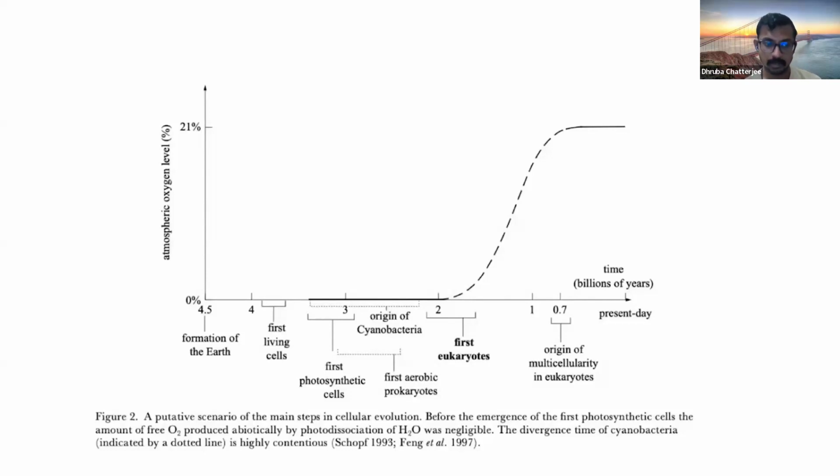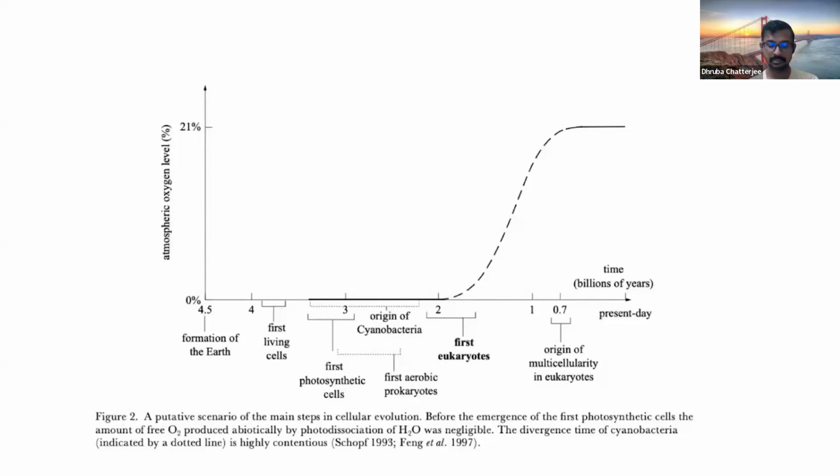So how did the rise of the first photosynthetic cells pave the way for the rise of the eukaryotic cells? Because of the rise of photosynthetic cells, there was generation of oxygen into the Earth's atmosphere, which was absent before that.